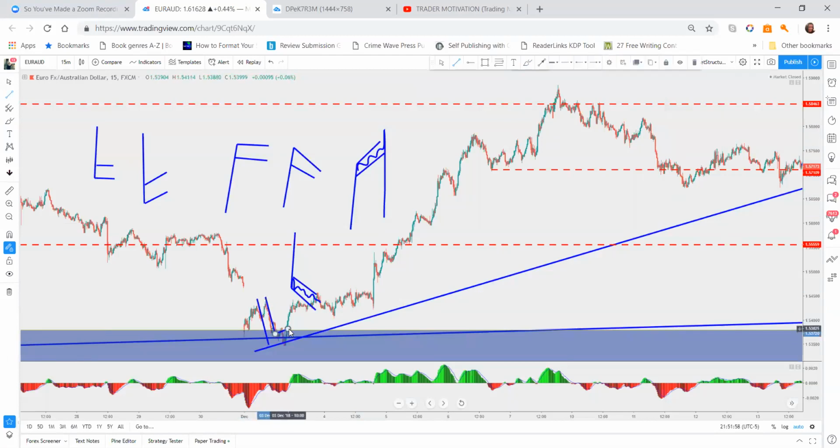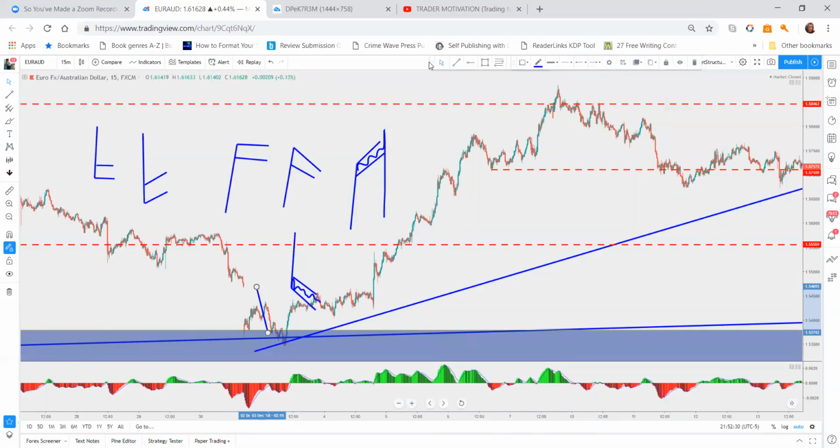And instead of creating the flag like it normally does, it threw a reversal pattern. If it's in a sell, it's called a descending channel. And you see we had a channel and it's descending. And if it had been a buy, you see right here, it was creating an ascending channel. What happened after that? It pulled back. That is a reversal pattern, not to be confused with a flag.